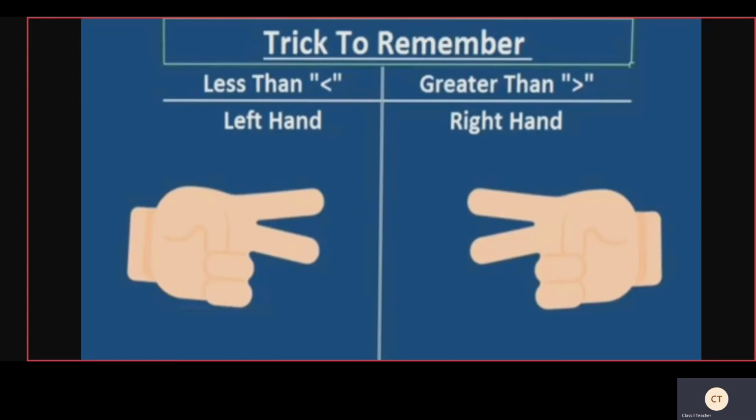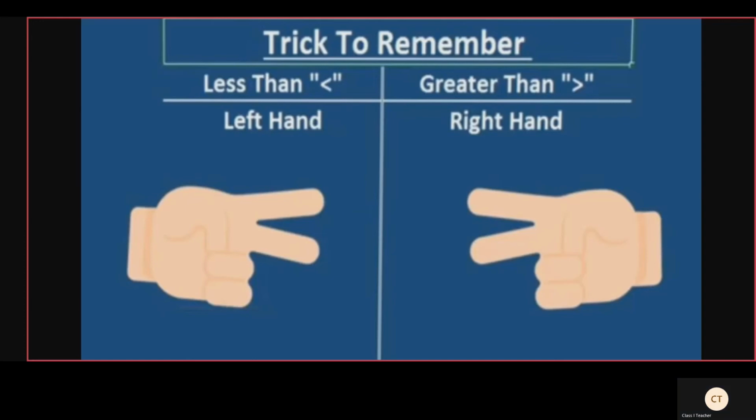First show your left hand. Open 2 fingers and keep like this. The shape, children, is the symbol. Left hand, less than.